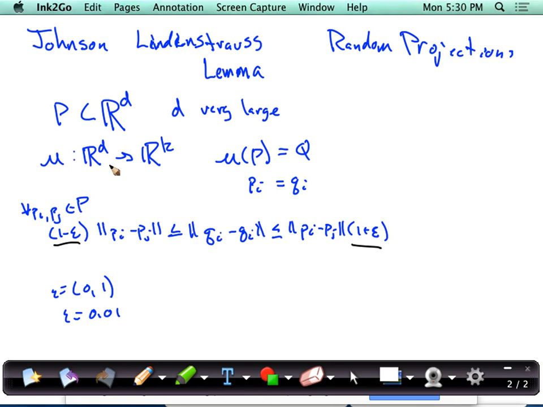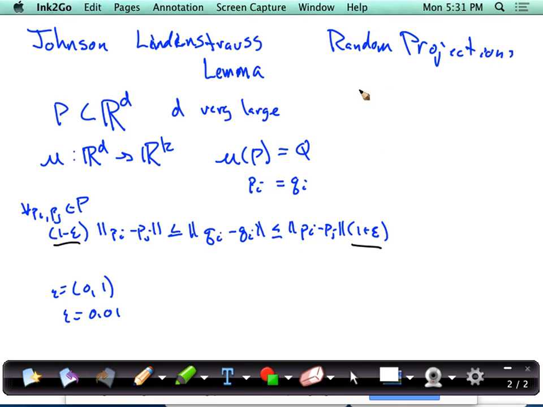Okay, so this is a much stronger kind of guarantee than we got when we were dealing with PCA, or that result of the SVD. What we got was that if you looked at the differences between the point and its new location, mapping every point onto a smaller dimensional space, that distance of the mapping was small on average.